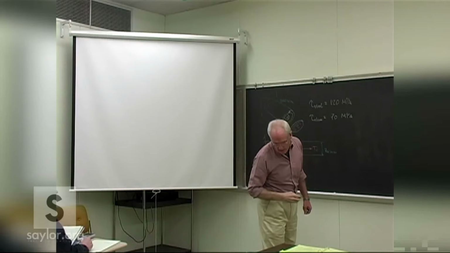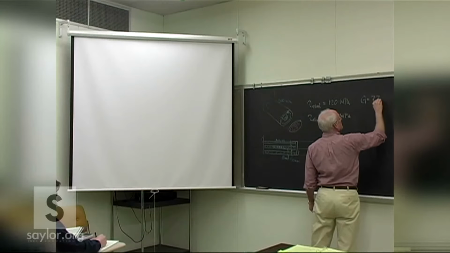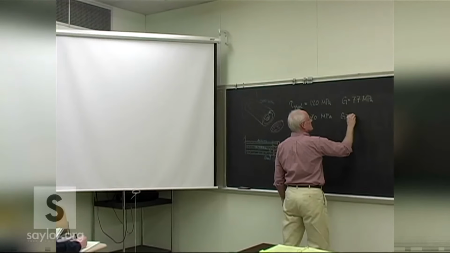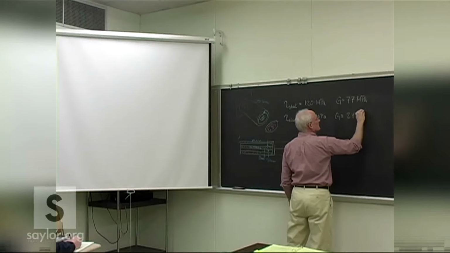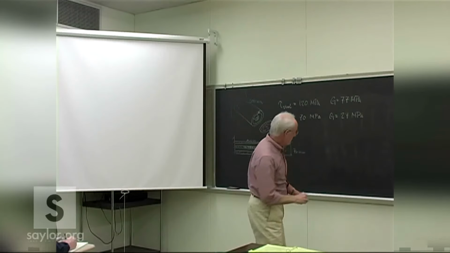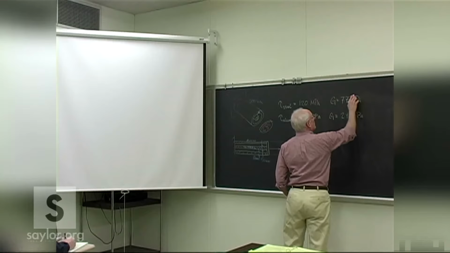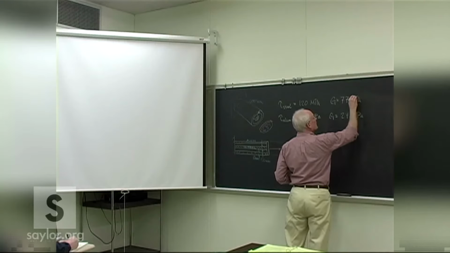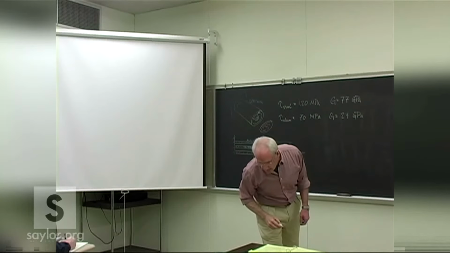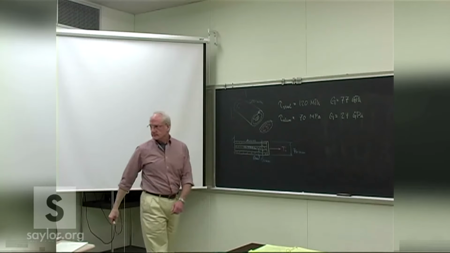Other material properties: modulus of rigidity, 77 megapascals for the steel and 27 for the aluminum. No gigapascals. We struggled with that last week. I know you'd rather I let you get halfway through before I make those corrections, but let me do them now. Okay, I think that's all the pieces we've got.